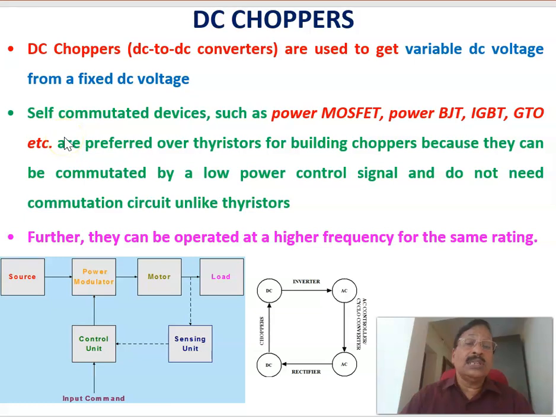The switching devices that are used are self-commutated devices such as power MOSFET, power bipolar junction transistor, IGBT, GTO, etc. They are preferred over thyristors for building choppers because they can be commutated by a low power control signal and do not need a commutation circuit, unlike thyristors.